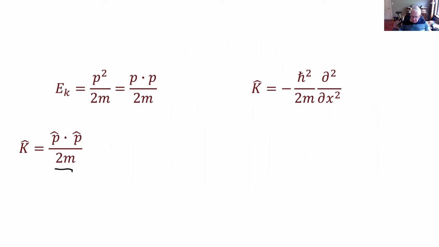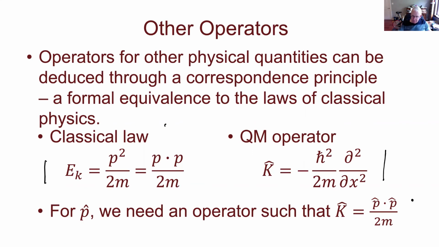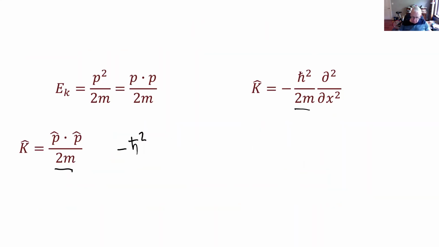So if I lose the 2m from this, I will have left minus h bar squared d squared dx squared. Right, that should be equal to my momentum operator squared, because that says I've done the momentum operator twice to get to there, right?